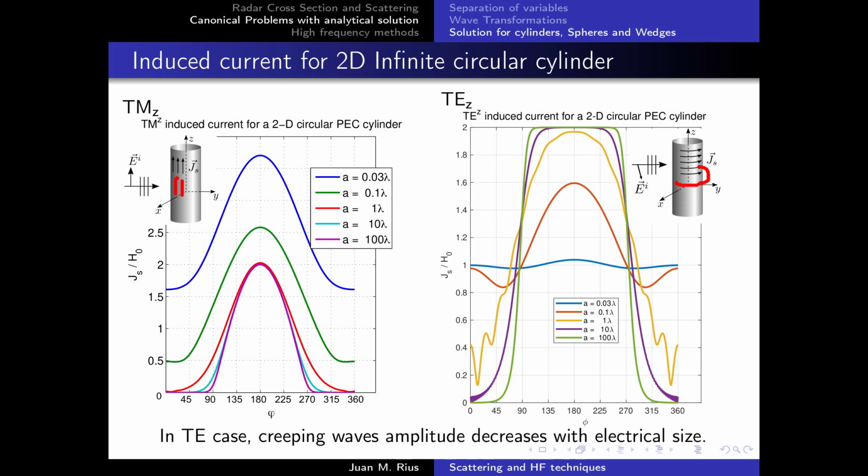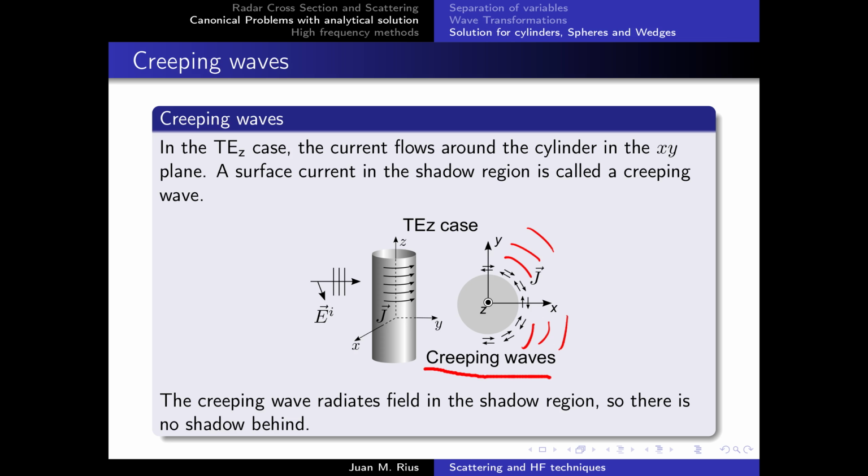And it is interesting also to observe that the creeping waves travel in both directions. So the incident field from the bottom creates a creeping wave here that goes to the other side, but on the other side also the incident field creates a creeping wave that goes opposite to the first creeping wave.